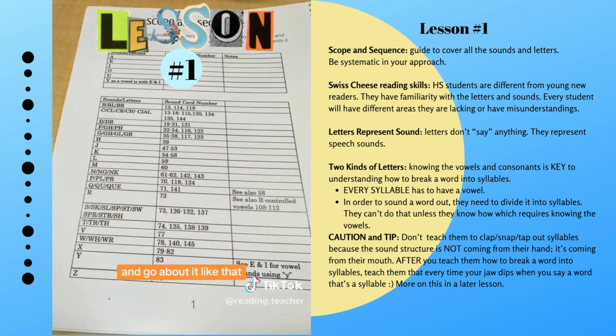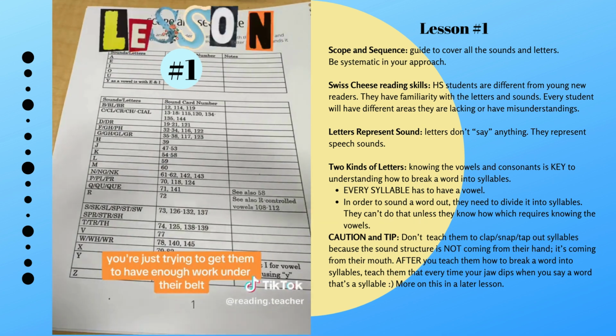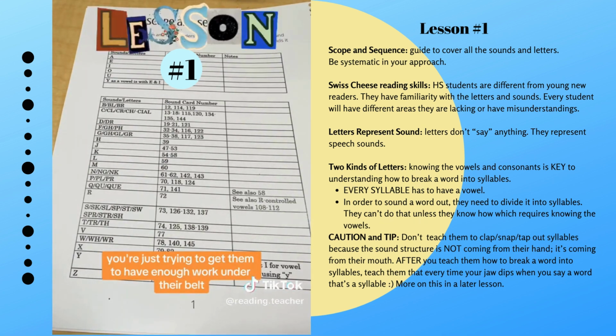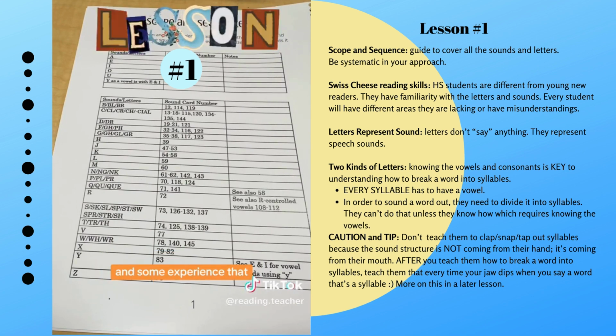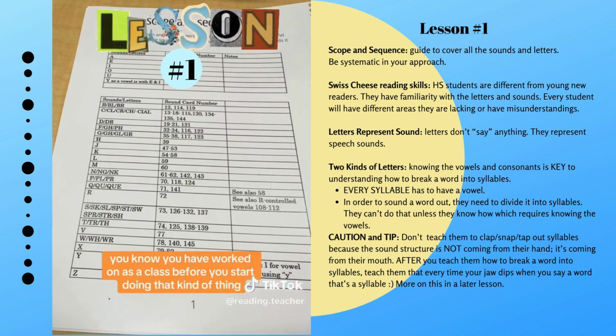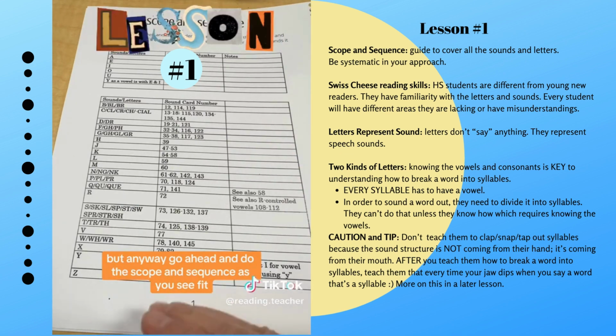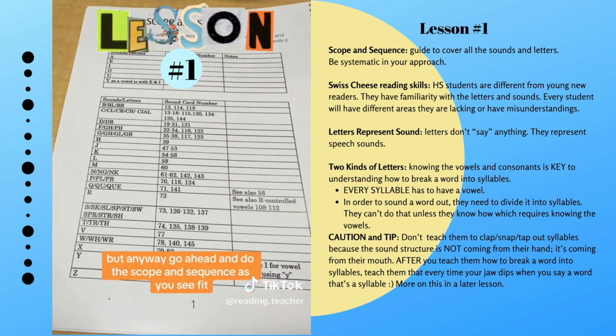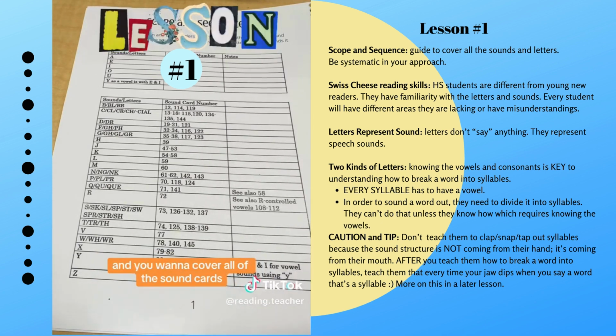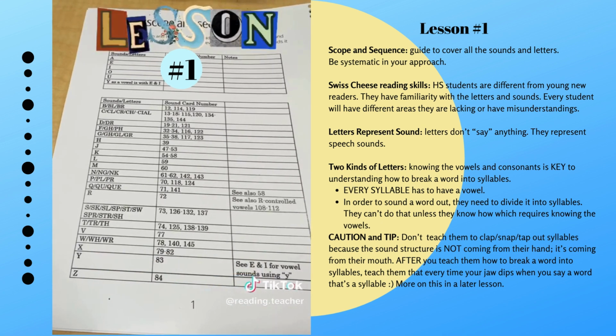But in the beginning, you're just trying to get them to have enough work under their belt and some experience that you have worked on as a class before you start doing that kind of thing. But anyway, go ahead and do the scope and sequence as you see fit. Just be systematic, and you want to cover all of the sound cards.